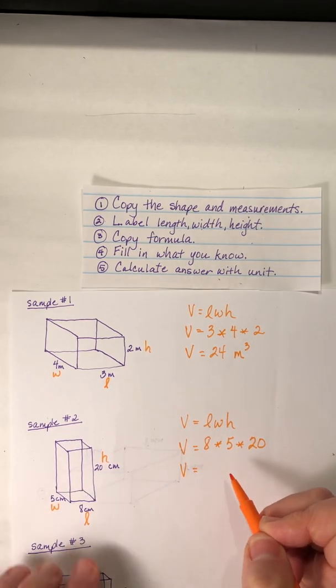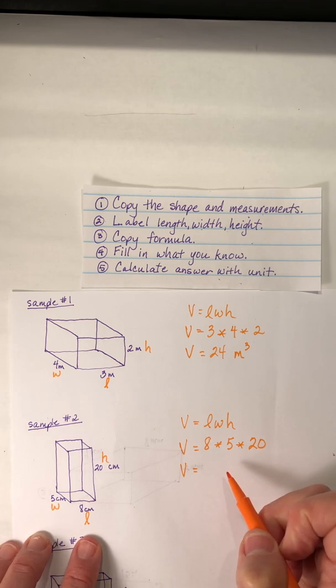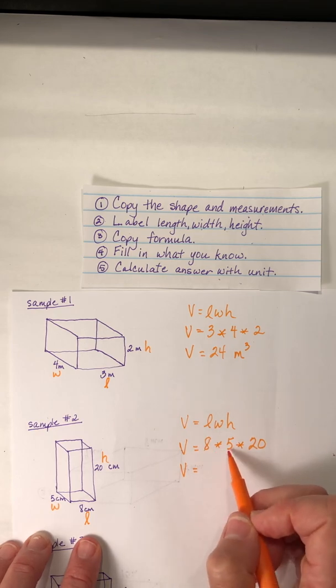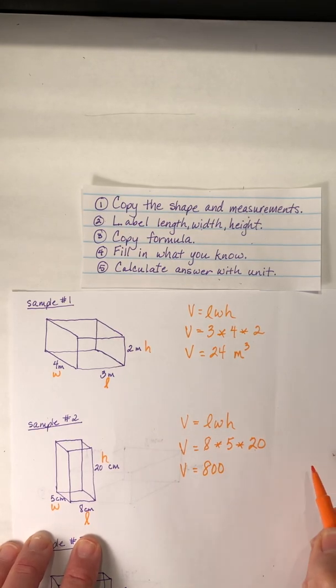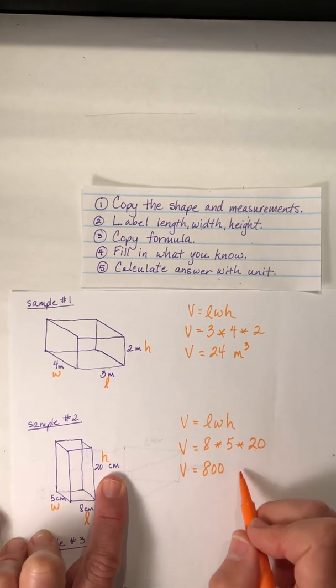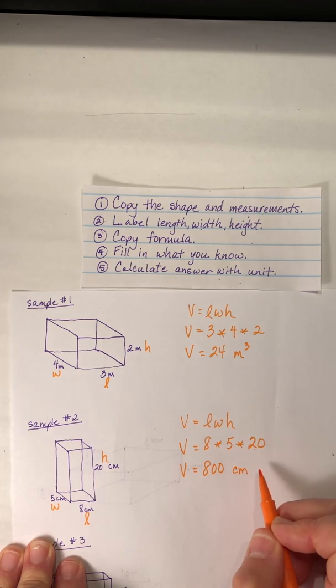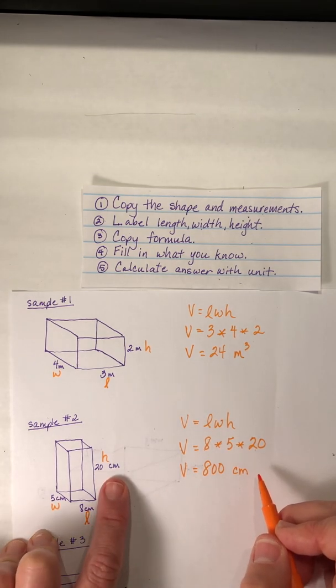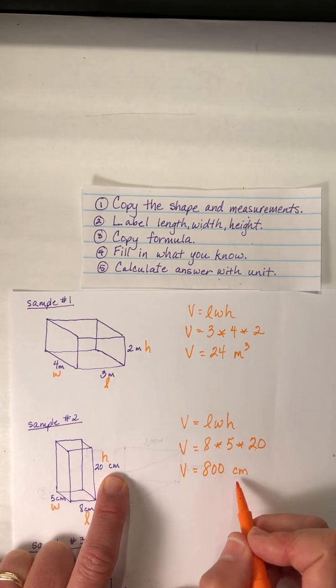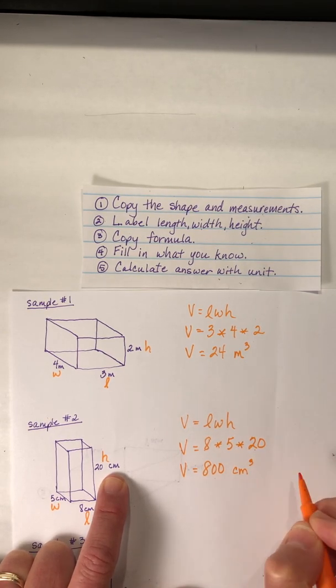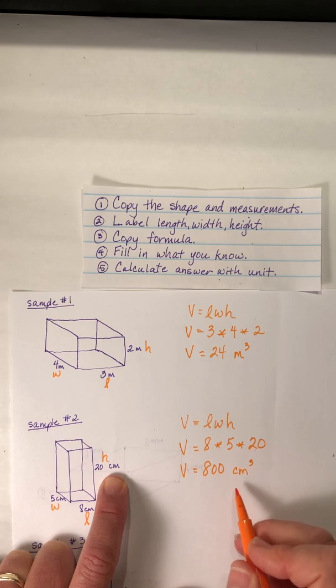I am ready to multiply those numbers. 8 times 5 times 20 is 800. And since we're talking about centimeters here, we're talking about how many cubes that are a centimeter on each side will fit in there. So we're talking about 800 centimeters cubed, or cubic centimeters.